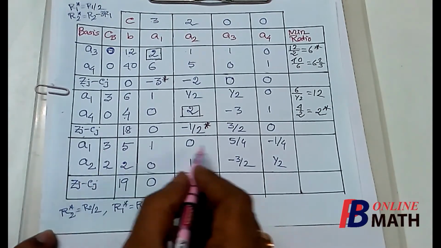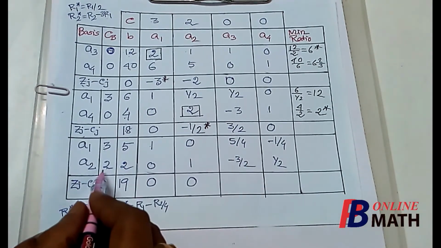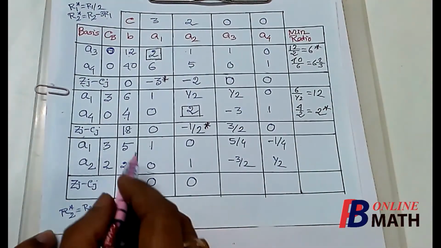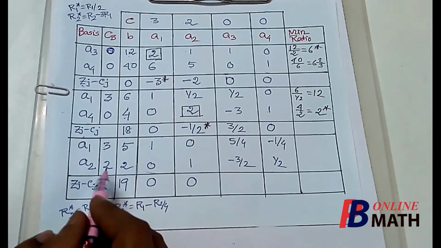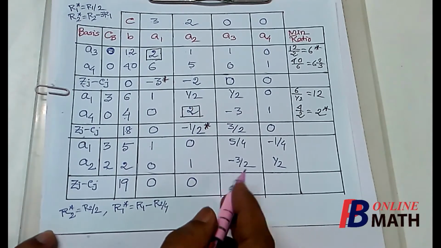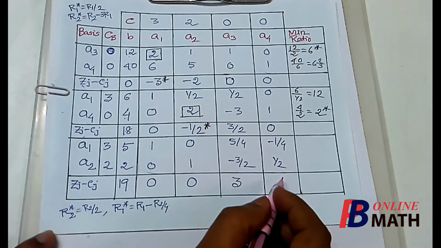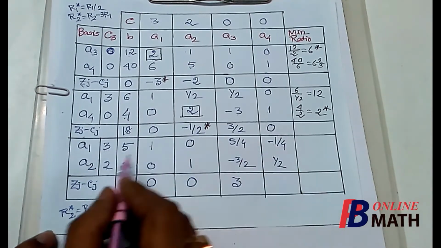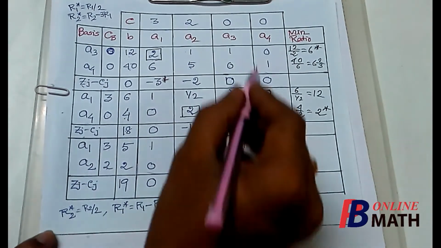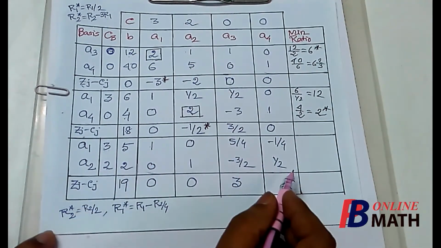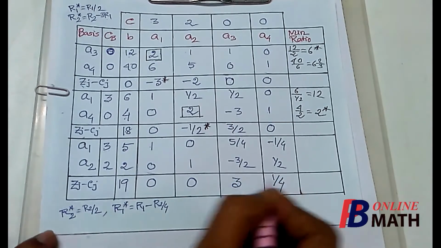This value 3 into 5 by 4 plus 2 into minus 3 by 2 minus 0. So that is 15 by 4 minus 3 by 4, so it is 12 by 4, which is 3. And finally this value, 3 into minus 1 by 4 plus 2 into half minus 0. So minus 3 by 4 plus 1, so it is 1 by 4.